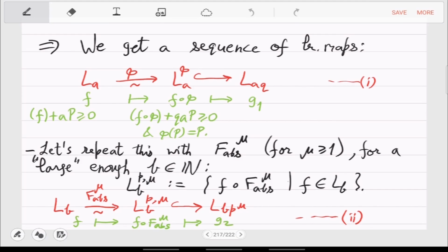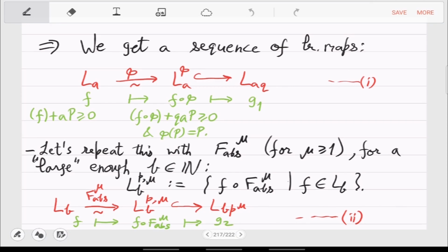The L(AP) phi functions are sitting in L(AQP), and similarly the L(BP) p^mu pullback is sitting inside L(BP p^mu). This is simply by the definition of the map.